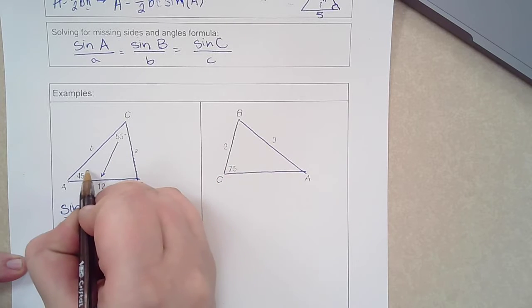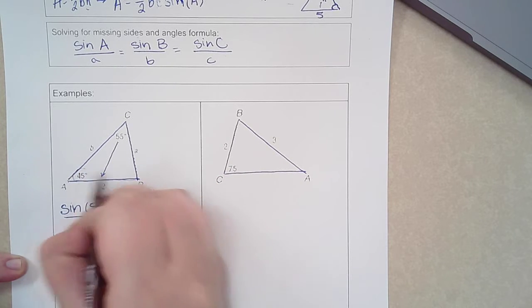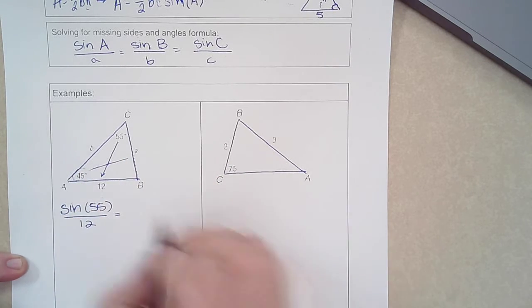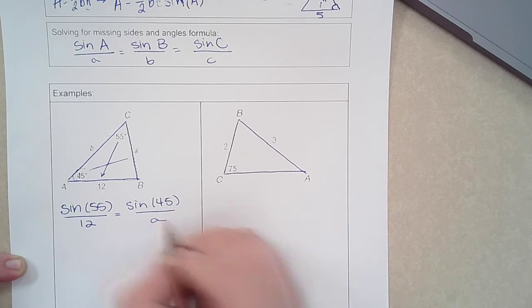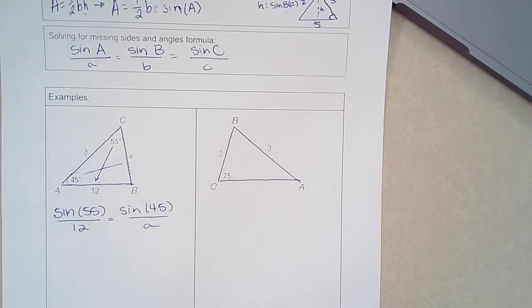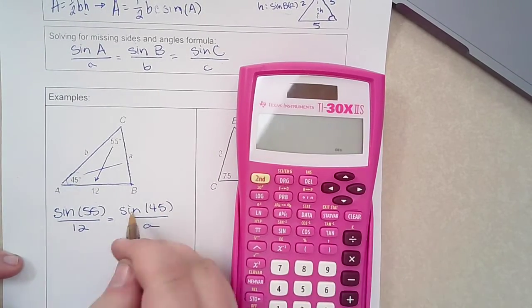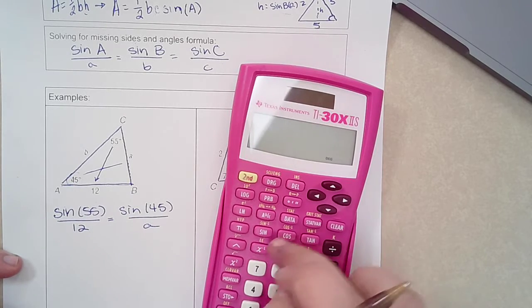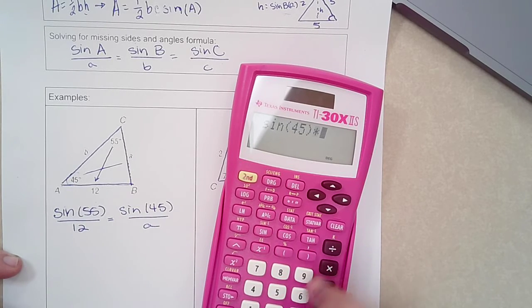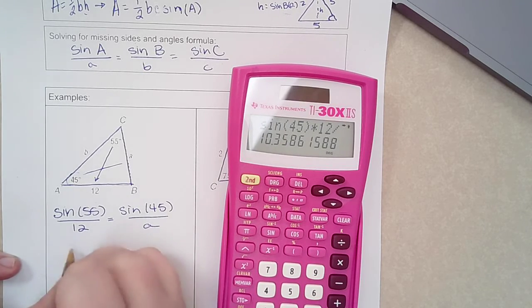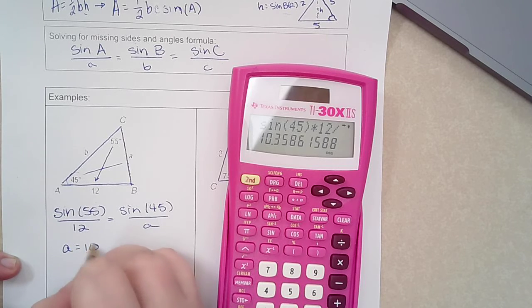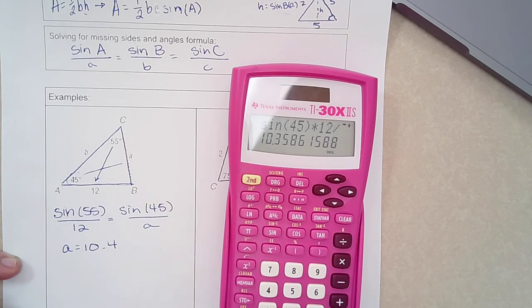I have this angle of 45 and I know it pairs with A, so I can say sine of 45 over A. Now I can just cross multiply, and my little trick is I multiply across and then divide up, so sine 45 times 12 divided by sine of 55 gives me a side length for A, which is equal to 10.4. I'm going to round to 1 decimal.